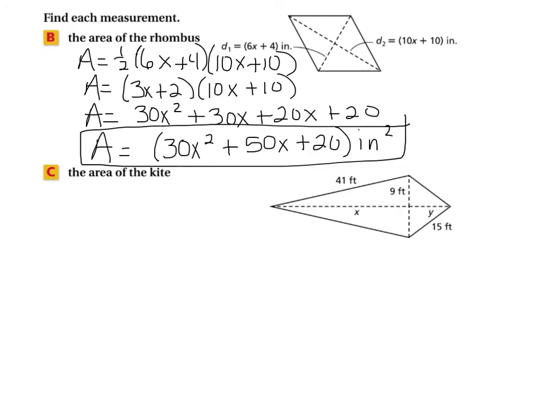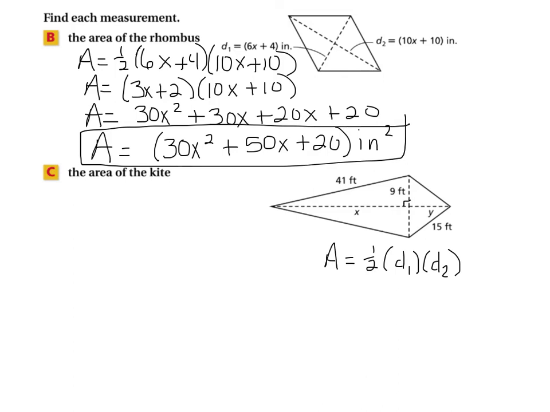Now in C, we're going to find the area of the kite. So we're going to multiply the diagonals and take 1/2. We have a problem, though. We don't have everything. So the first thing we have to do is use the Pythagorean theorem. These are right angles.